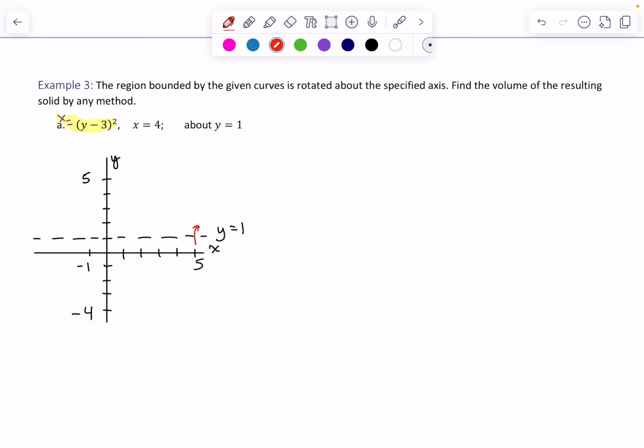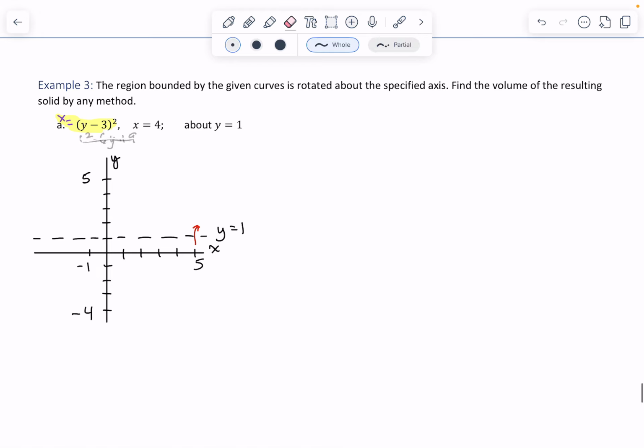So since I'm looking at a parabola, this would turn into y squared minus 6y plus 9, and I wouldn't be able to solve that for y very easily. So I really don't want an A of x, because I don't want to have to find y equals something.